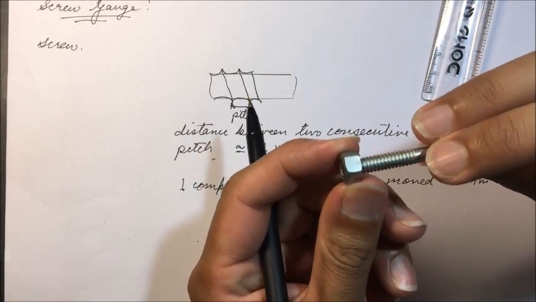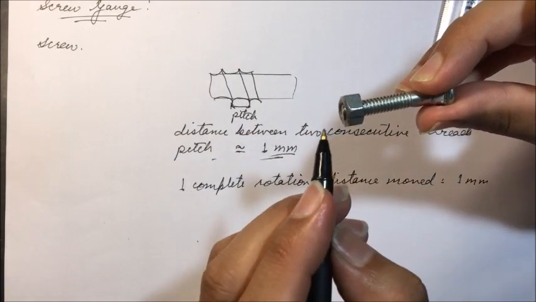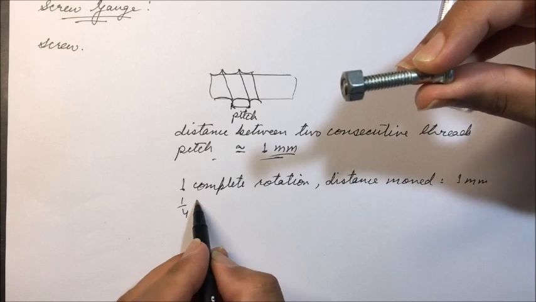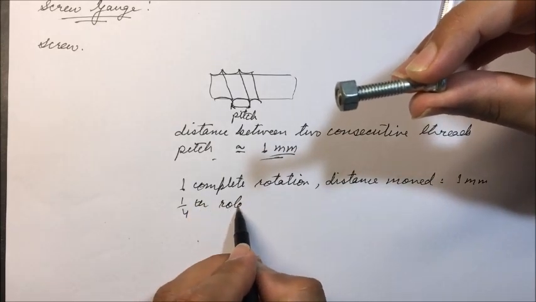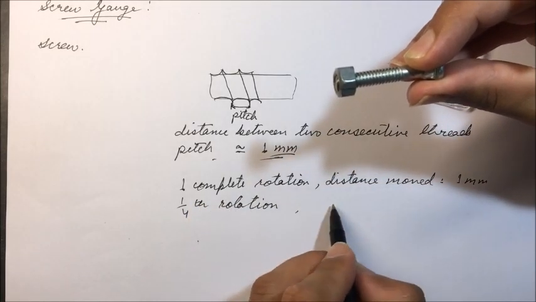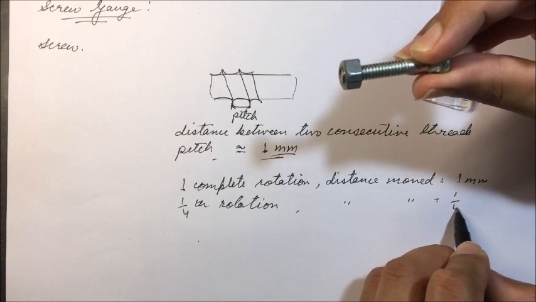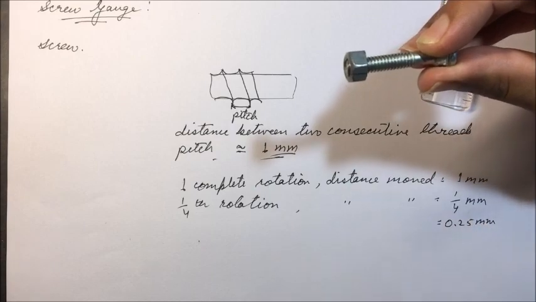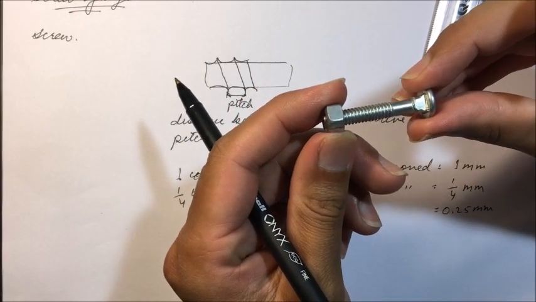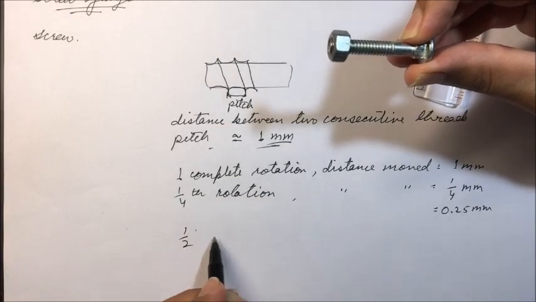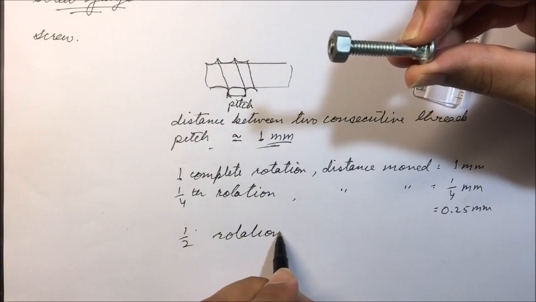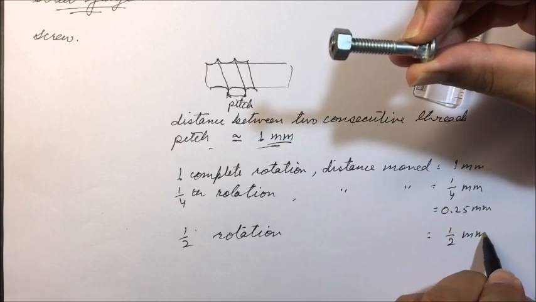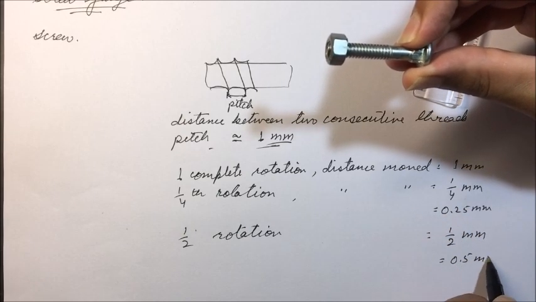In only 1/4 rotation, the axial movement will be 1/4 mm, that is 0.25 mm. Or in half rotation, the distance moved will be 1/2 mm, that is 0.5 mm.